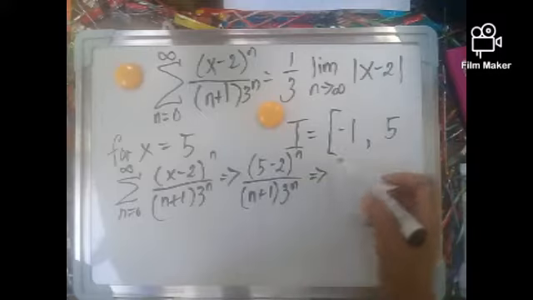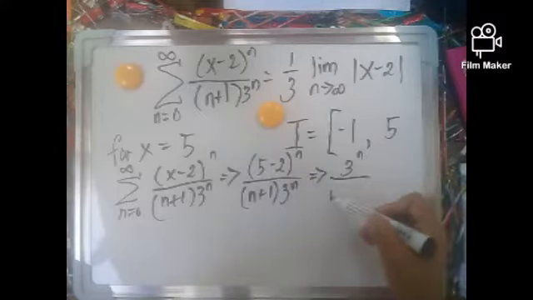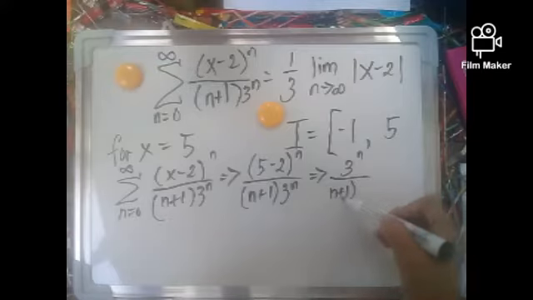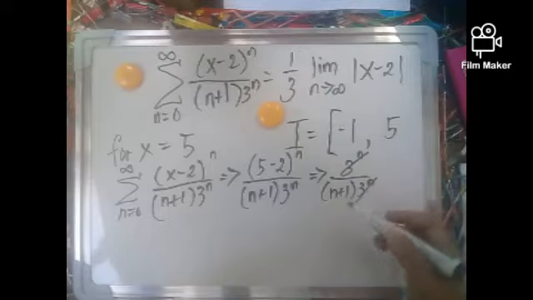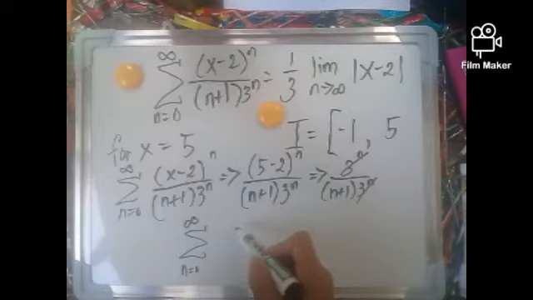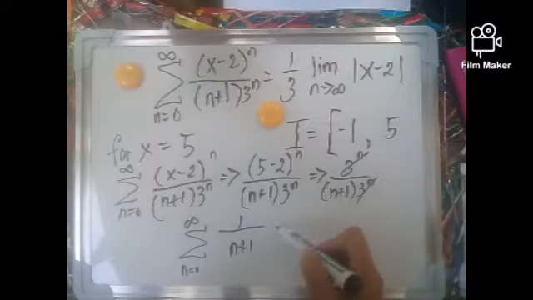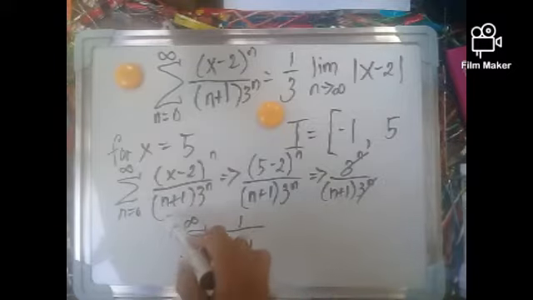And then 5 minus 2 is equal to 3 raised to n, over n plus 1 times 3 raised to n. So cancel the 3 raised to n. You've got the series of n is equal to 0 to infinity of 1 over n plus 1. So this is our answer.